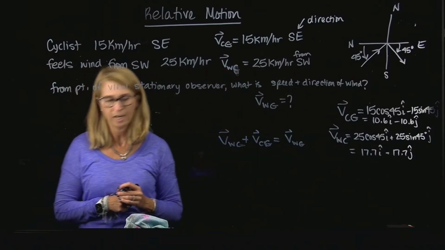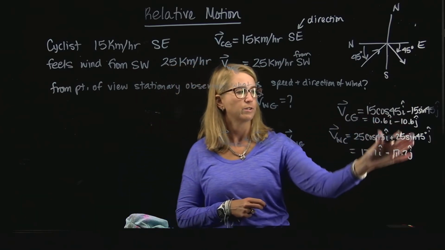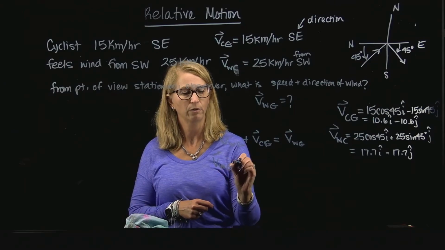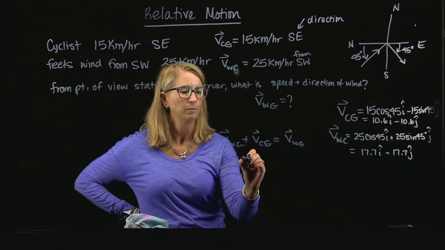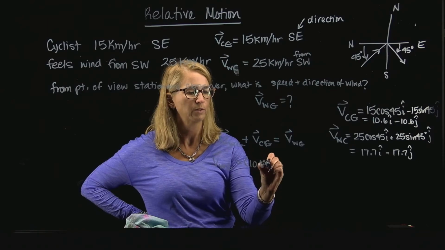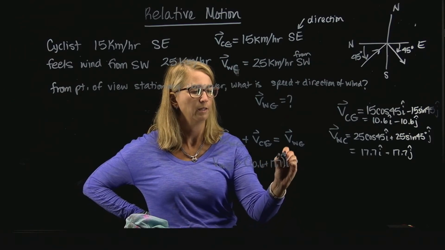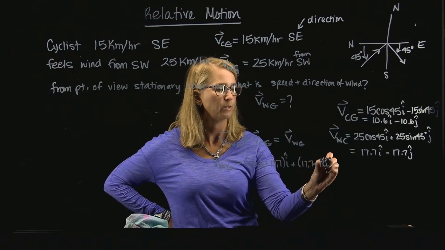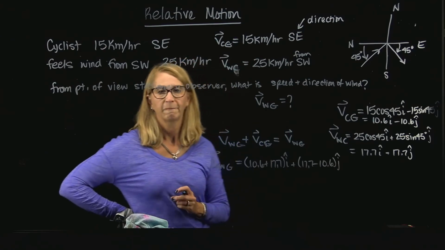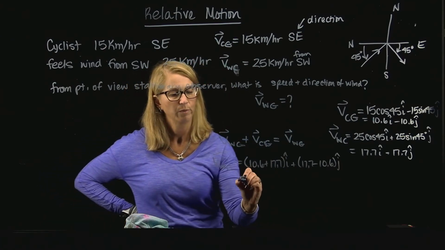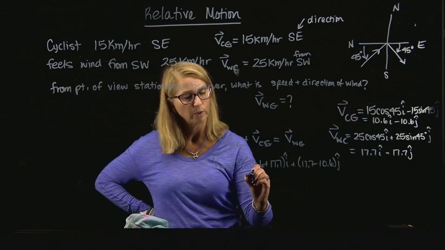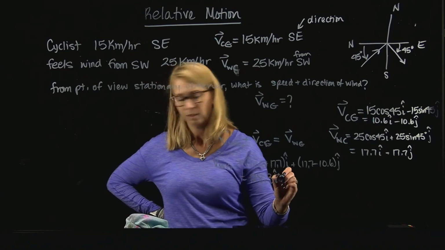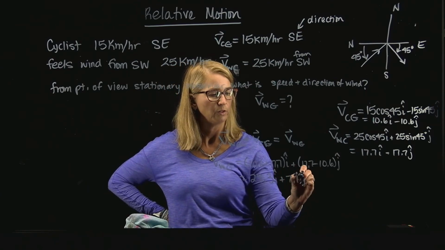If I add them together, literally I have this plus this, which is going to be the velocity of the wind with respect to the ground: 10.6 plus 17.7 i plus 17.7 minus 10.6 j. That gives me 28.3 i plus 7.1 j.